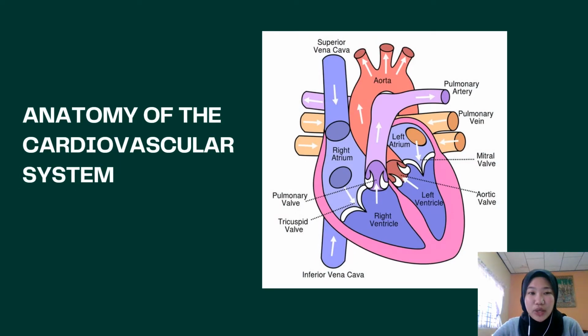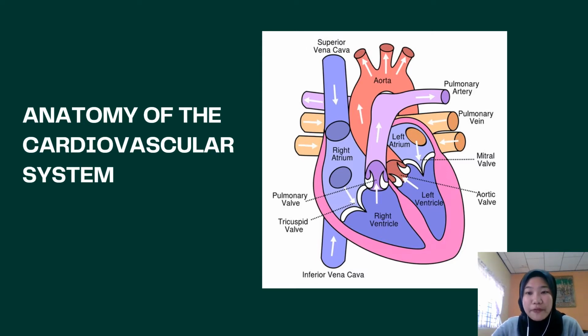I will share with you about the anatomy of the cardiovascular system. As we can see here, our heart has four chambers, which are the right atrium, right ventricle, left atrium, and left ventricle. Each chamber is separated by four valves, which are the pulmonary valve, tricuspid valve, mitral valve, and aortic valve.